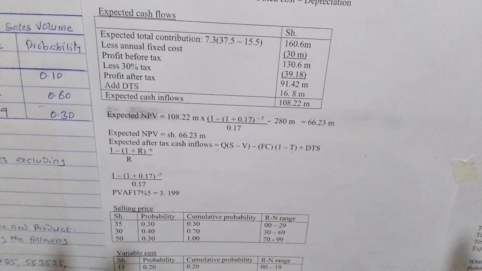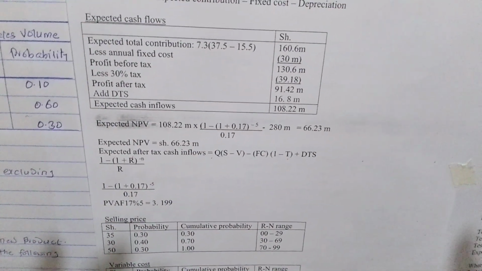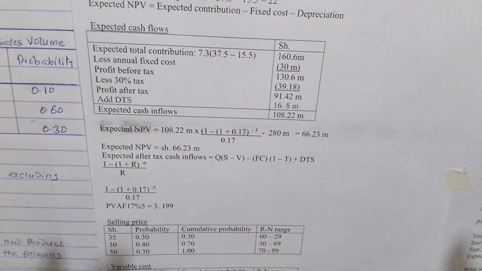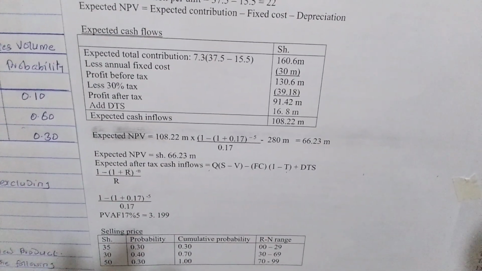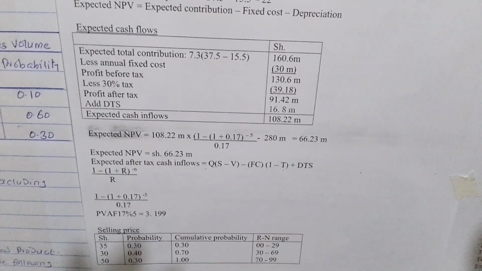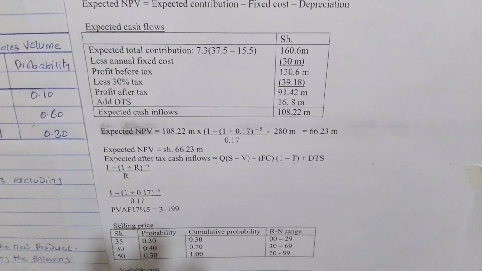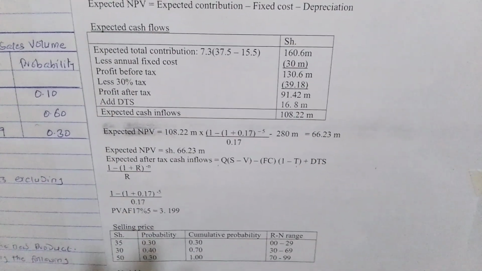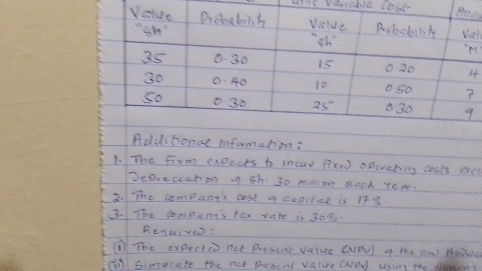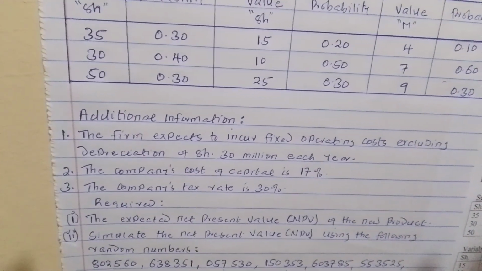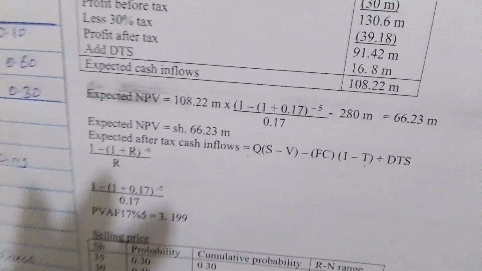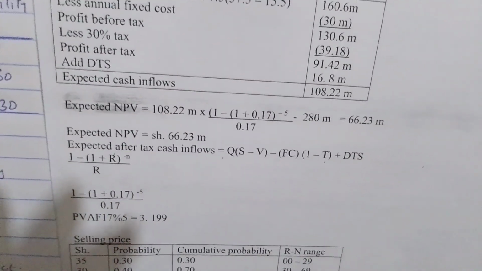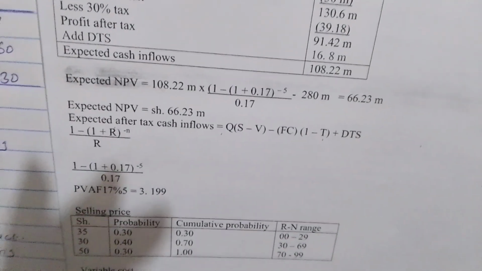These are annuities. So you can either use your tables to read the present value annuity factor, having in mind that the cost of capital is 17%, because in point number 2 you are told the company's cost of capital is 17%. So if in your table you have 17%, then you look at 17% and year 5.